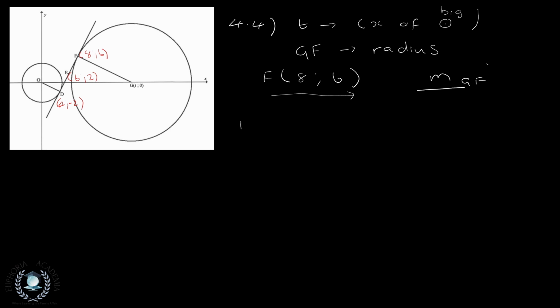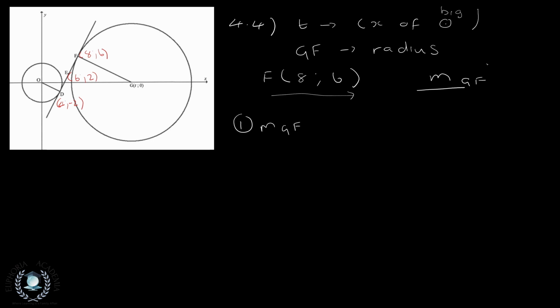First things first, let's find the gradient of GF. Well, we know that GF is the radius and the tangent is DF that we are told about in the previous questions. And what do we know about tangents and radii?